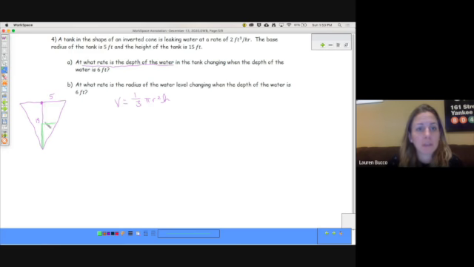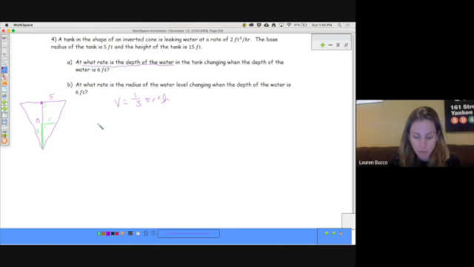This is a right triangle, this is a right triangle. We have similar triangles. Okay, so this is the height and this is the radius. Well, I don't care what the height and the radius is at a given time. It's going to be proportional to the height and the radius of the overall cone. So this is awesome. This is such an easy proportion to set up, and we're going to be able to eliminate R or H pretty quickly.